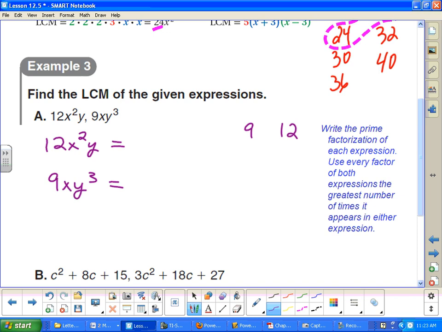What's the smallest number they both go into? So that means I could list the multiples of 9 and 12.